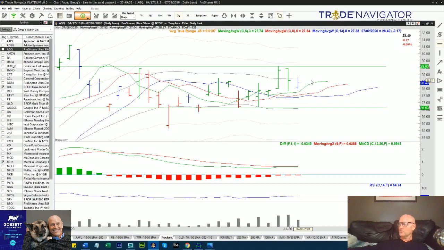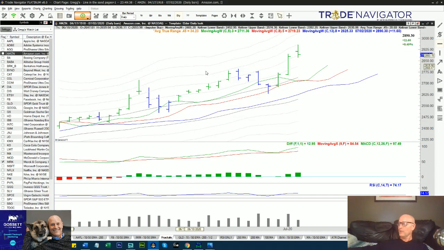So in the future, silver may have some kind of fractal to the upside or the downside. Amazon, we already talked about that. It's obviously trending, the alligator's mouth is open. So really nothing there. Although technically, look, here's a low with two higher lows to the left, two higher lows to the right.